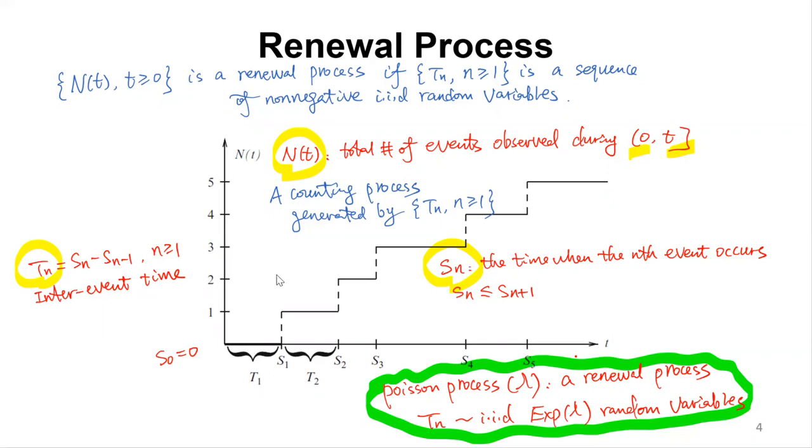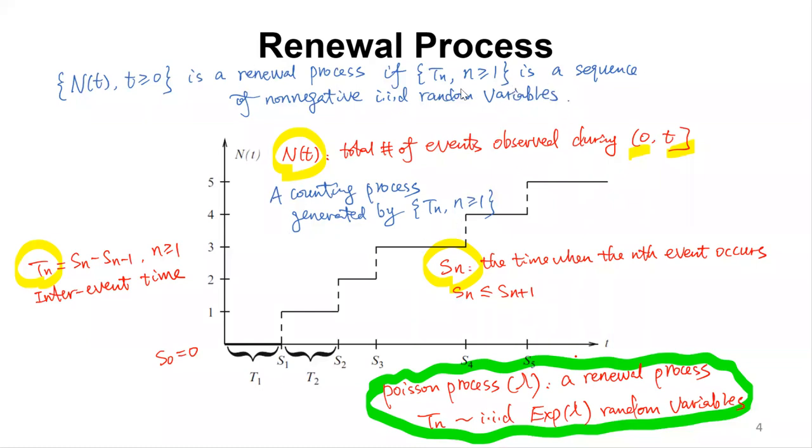Okay, so here we have a few random variables. Sn is the time when the nth event occurs. Tn is the inter-event time. And Nt is the total number of events. For example, at this time, you will count the total number of events observed up to time t. Okay, so Nt is the counting process, that is, the number of events generated by the random inter-event times Tn.